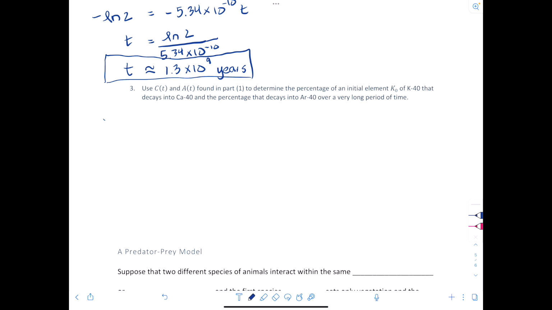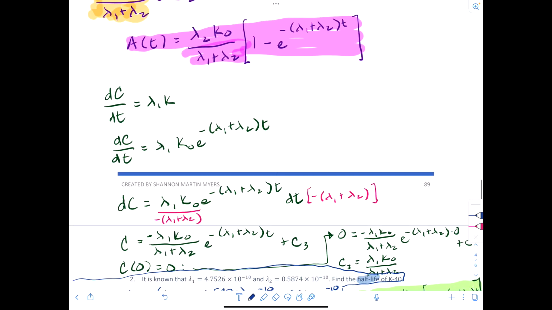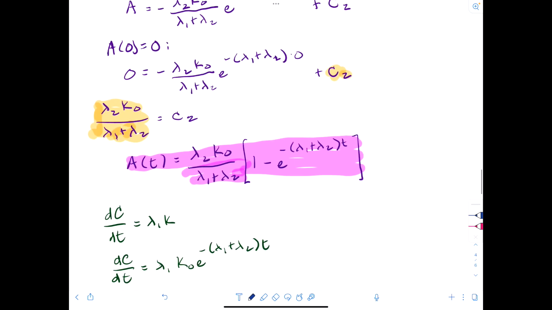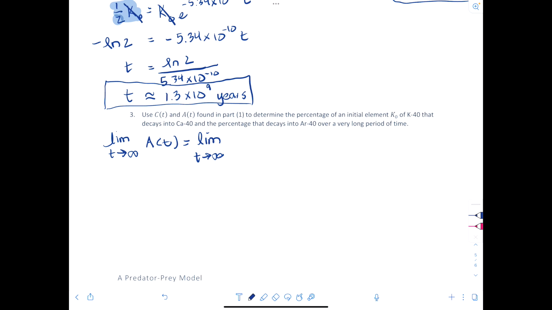Well, long period of time means we're going to evaluate the limit as T approaches infinity of A at T, which was lambda 2 times K0, right?